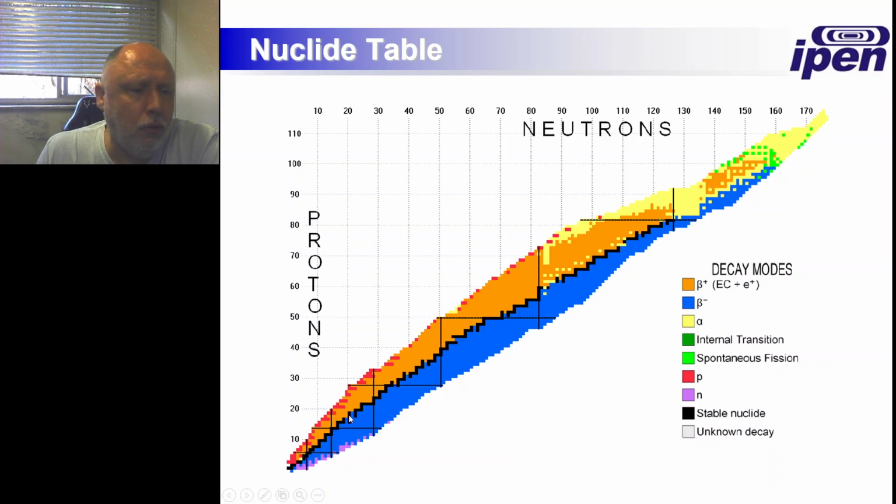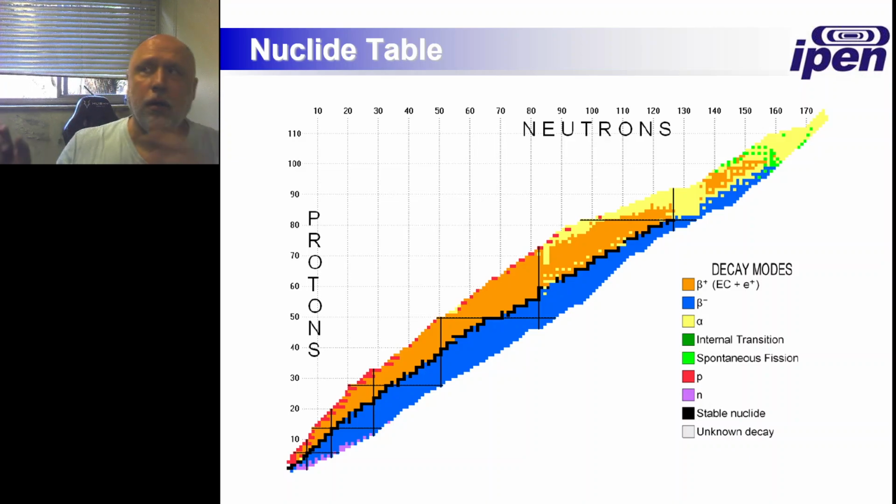But you see these bands here, right? If you follow the line, it definitely goes from this behavior to, in heavier atoms, having many more neutrons. That's why that happens.